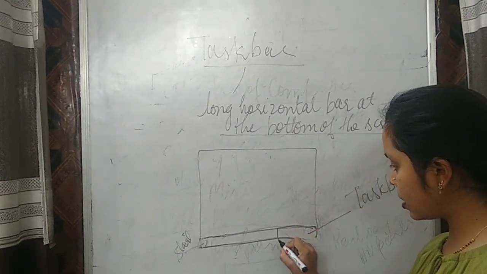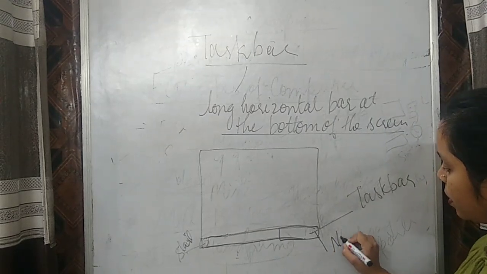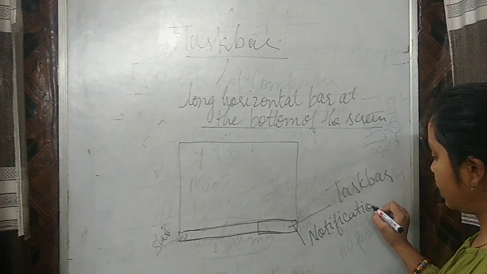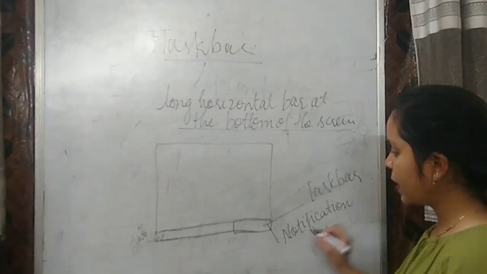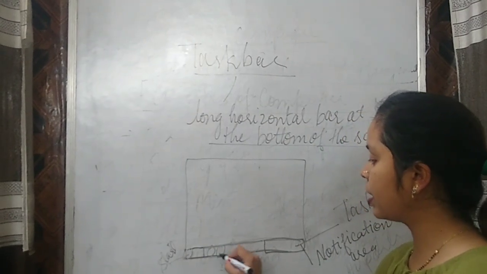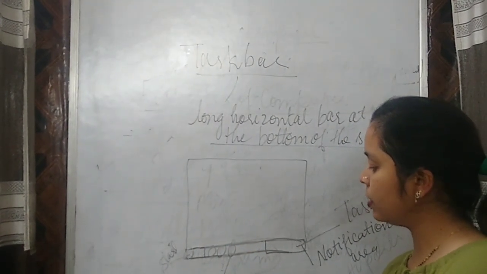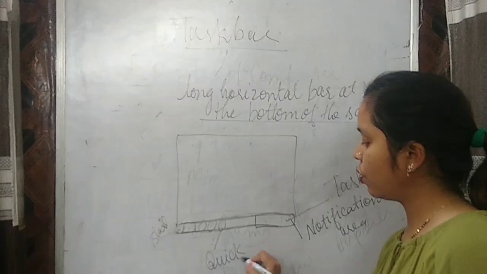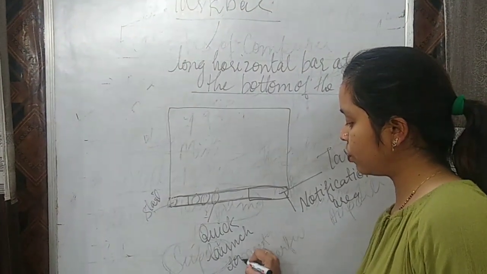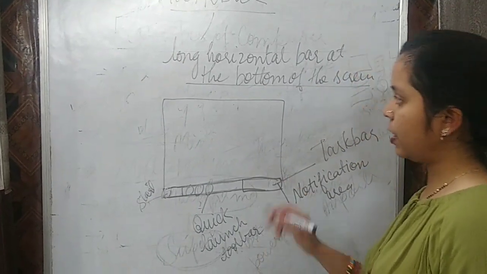This part of the taskbar is known as the notification area, and here the icons of different applications are given. This is known as the quick launch toolbar. So these are the parts of the taskbar.